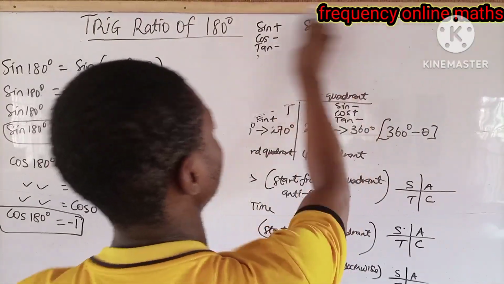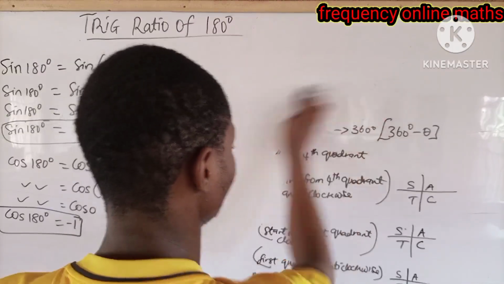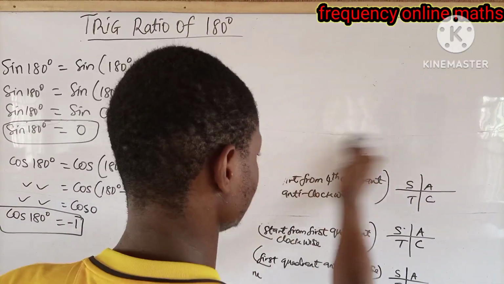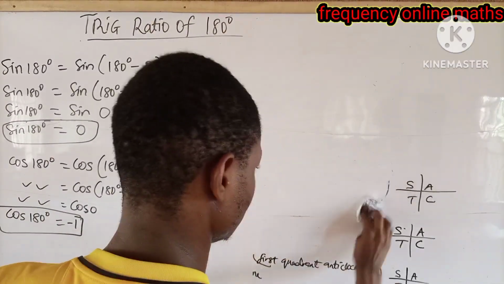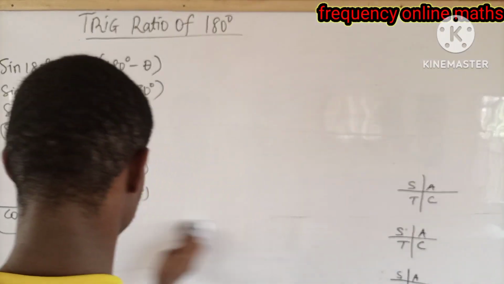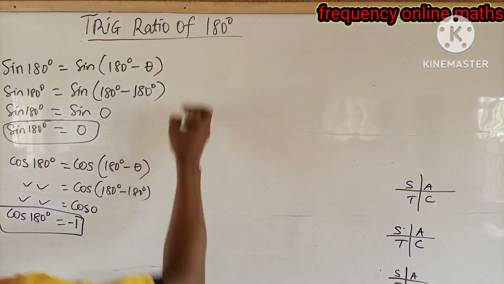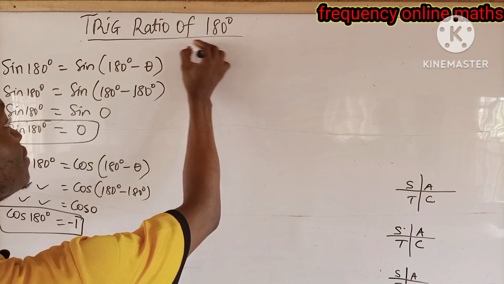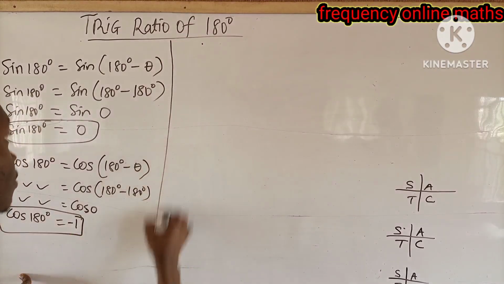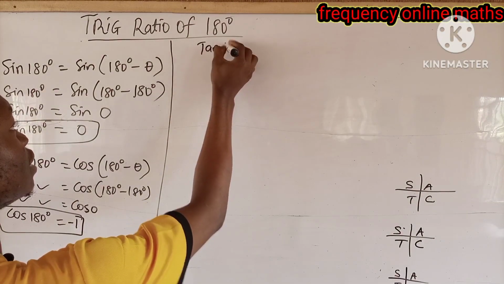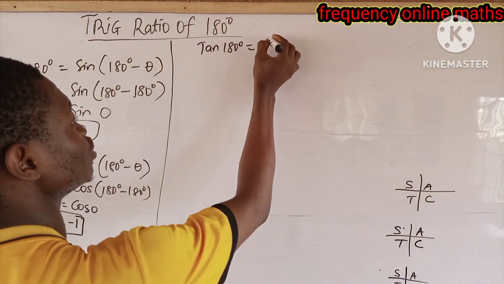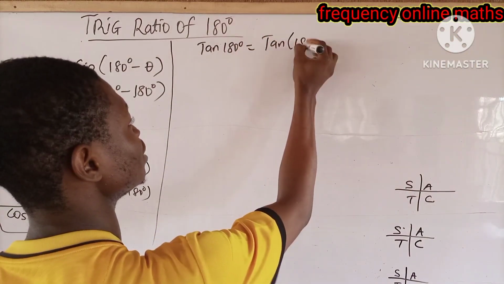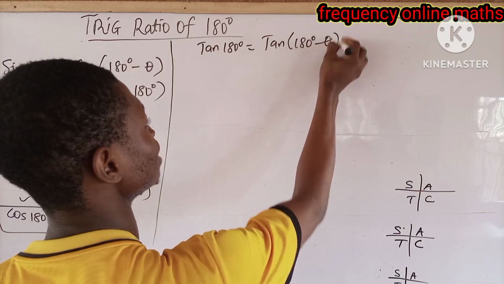So that's the value. We can clean this side and find the value of tan 180 degrees, which is equal to tan bracket 180 degrees minus theta.